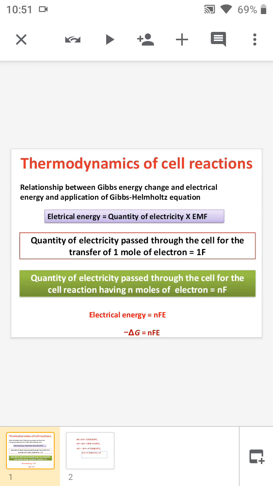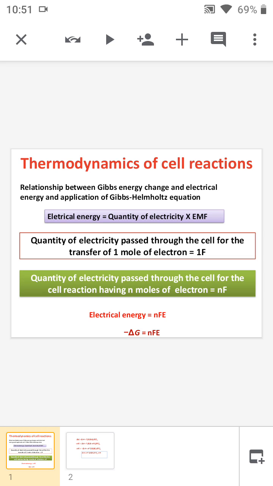So in the case of a battery or any cell, the free energy, the useful energy which is taken out from the battery, is the Gibbs energy. So how will we find out the amount of energy which is taken out from a cell?